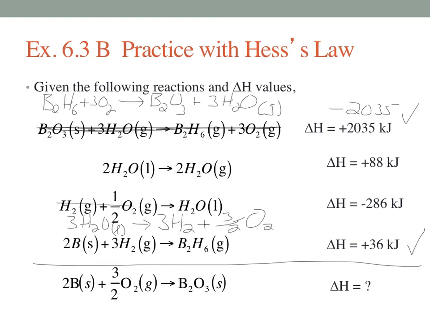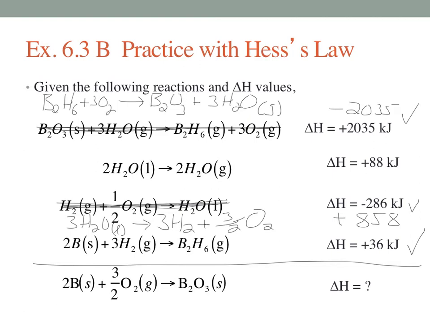Gas. Okay. So now we're good with that one. And our new enthalpy for that is going to be, we reverse it and times 3. That's going to give us positive 858 kilojoules. So now that one's good.